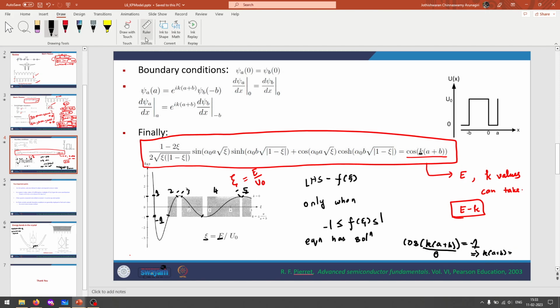So in order to save some time, let me give you the answer for that. You can verify it later on. So if this is true, then theta, that is k times a plus b, is equal to 2n plus 1 times pi by 2.